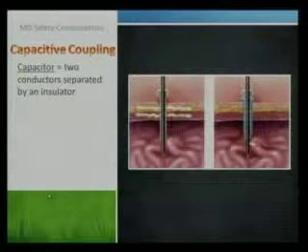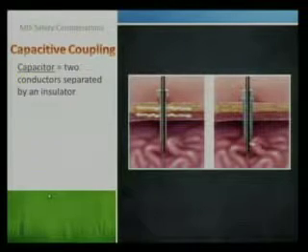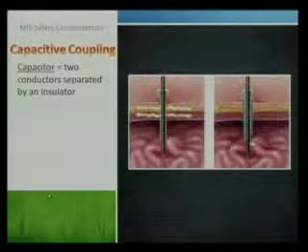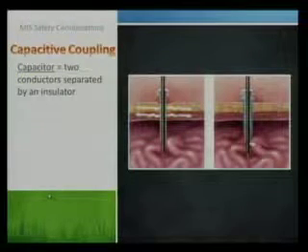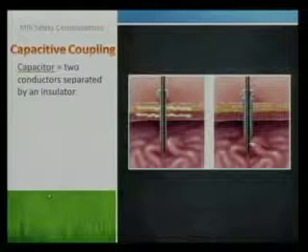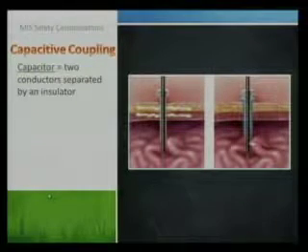It creates this electromagnetic field, which instead of being able to disperse through the tissue and the grounding pad, disperse the energy and make it so that there's not an injury and so that it's not an issue for the patient, you get this charge build up, and it can then discharge or spark at another point and cause injury. It can spark to another instrument, or it can spark just to the bowel on its own.